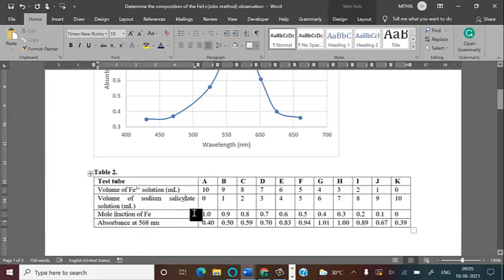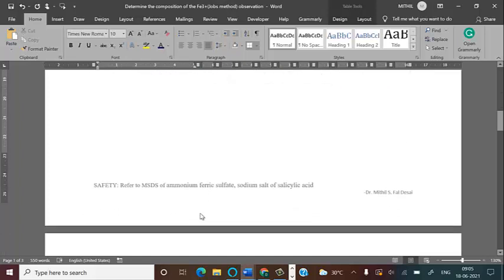Once we know the concentration of Fe and its volume, and sodium salicylate and its volume, we can find the mole fraction of Fe in that test tube, and against it the absorbance is recorded and plotted in this graph.